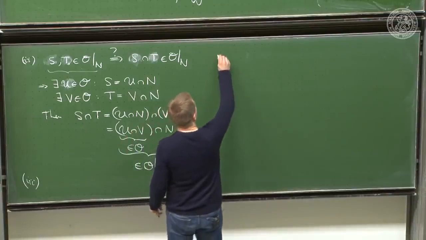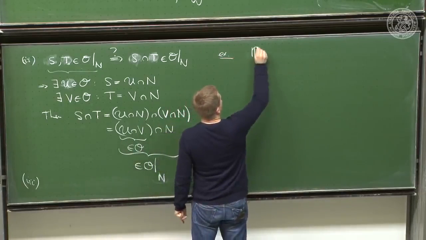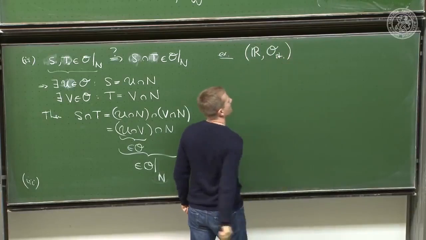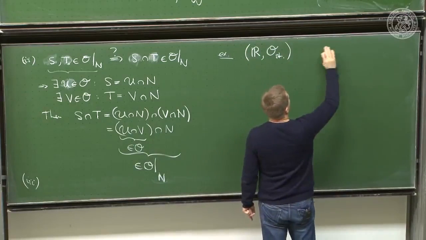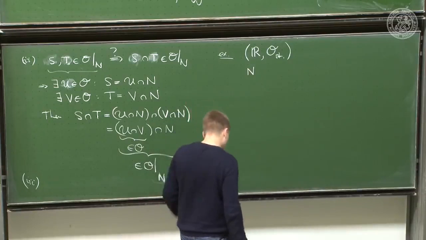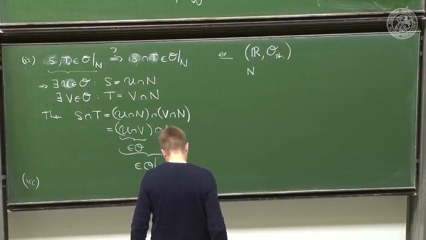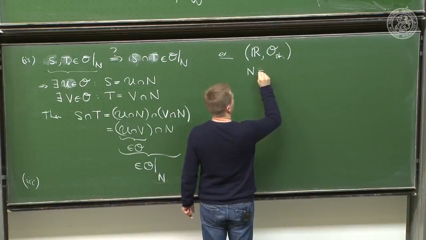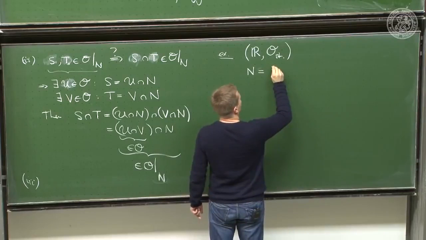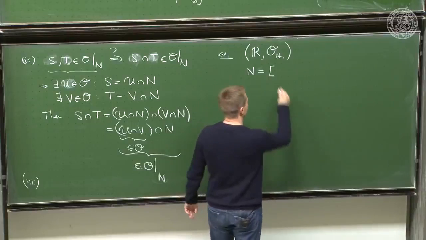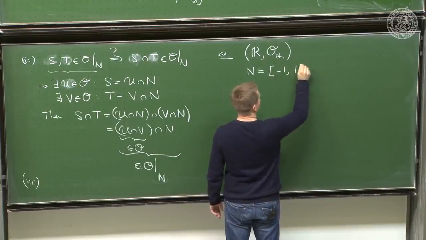So let's have one simple example. You can equip R with the standard topology. And then you can look at N, where I want the closed interval, I use this school notation, from -1 to 1.